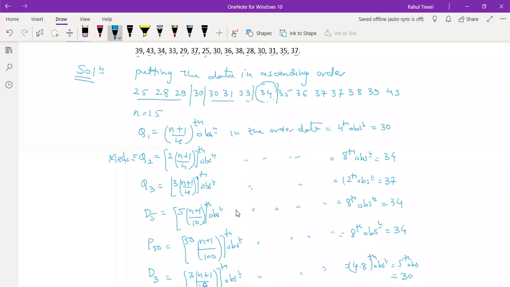That means your Q1 is 30. Similarly, in the upper data, 3 from here, 3 from here. What is the middle value? So this is my Q1, this is my Q2, this is my Q3. See, I got the answers immediately.